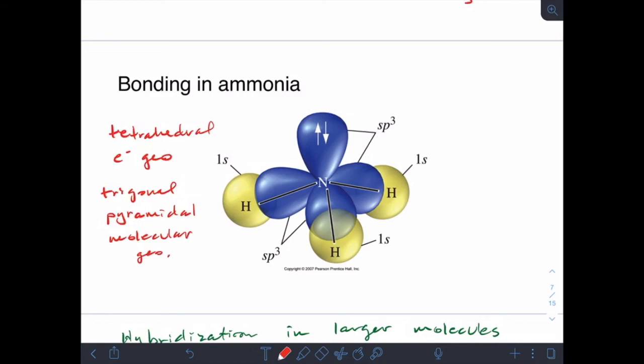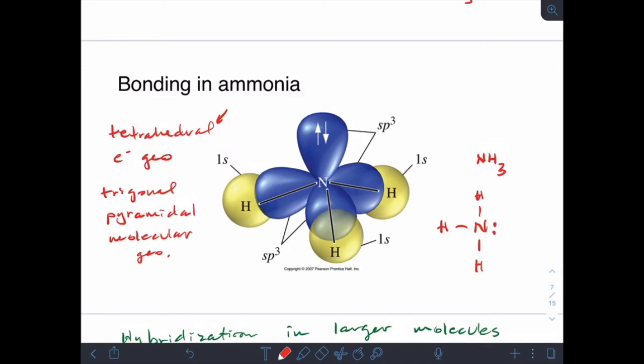So our bond angles are still about 109.5 degrees, because that's determined by our electron geometry. And we've got NH4 plus, so our Lewis structure for that would, excuse me, it's NH3, my mistake. Ammonia, NH3.